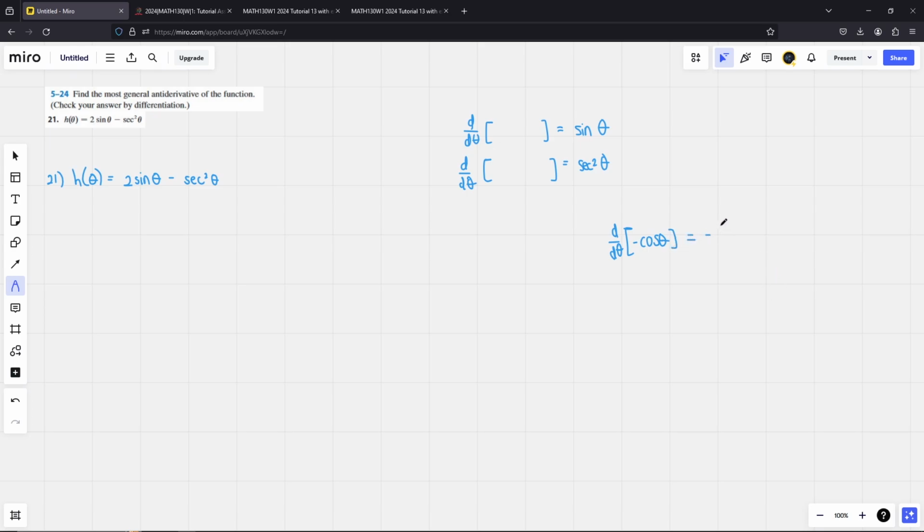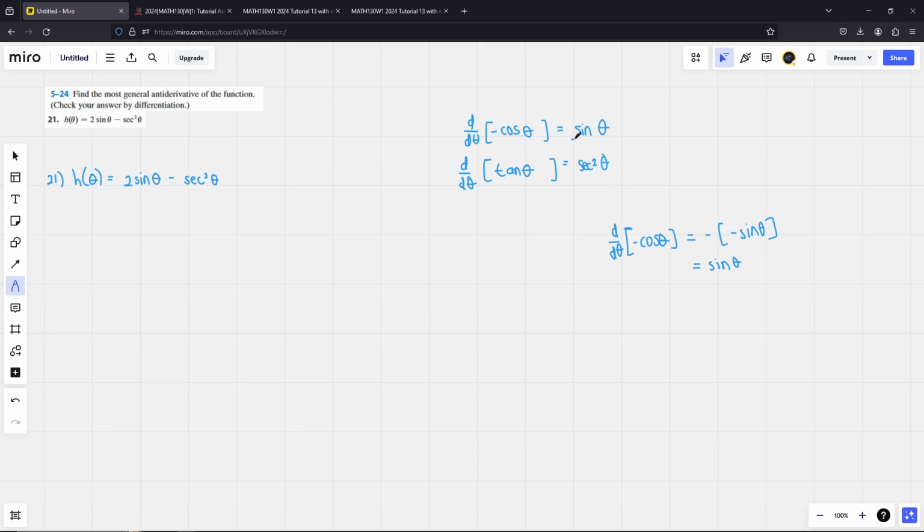Now I would have to copy down the minus sign and then take the derivative of cosine, which is minus sine, as we said before. And then distributing, this would give me positive sine. Okay, so we know that this something is going to be minus cosine theta. And we also know that taking the derivative of tangent is going to give me secant squared theta.